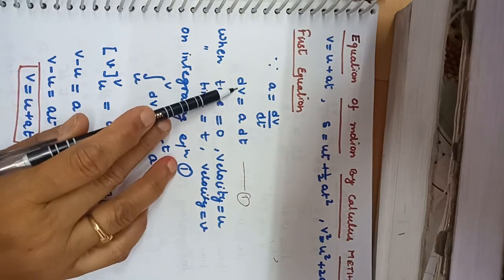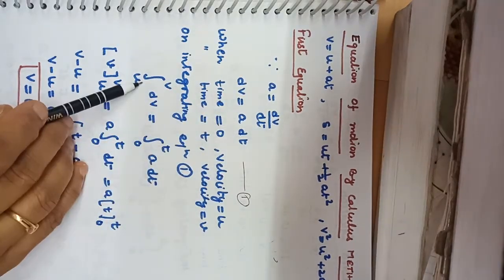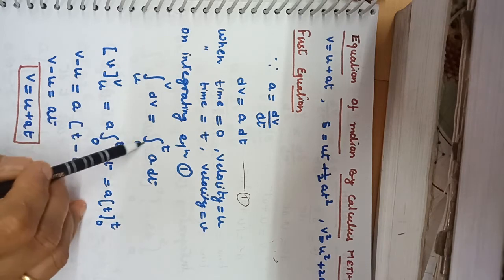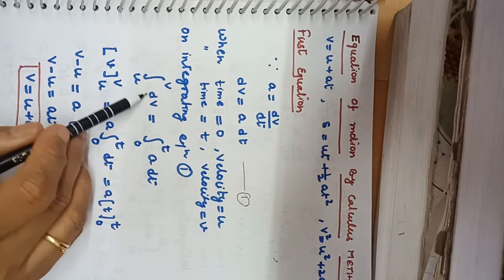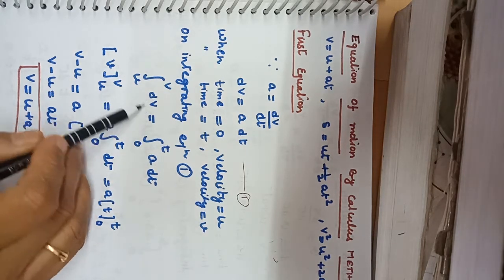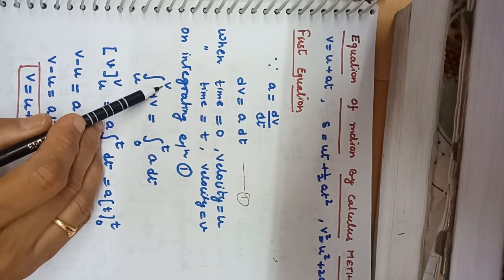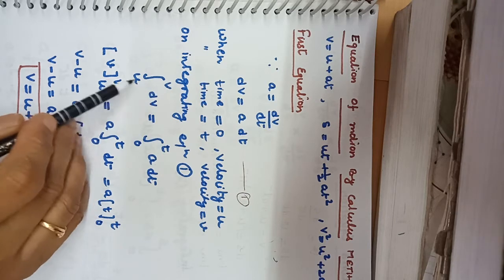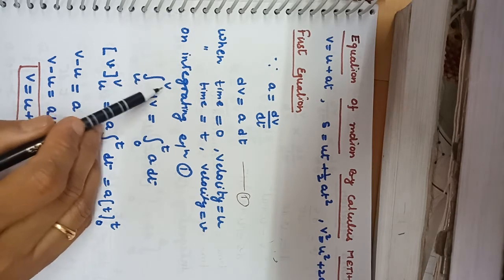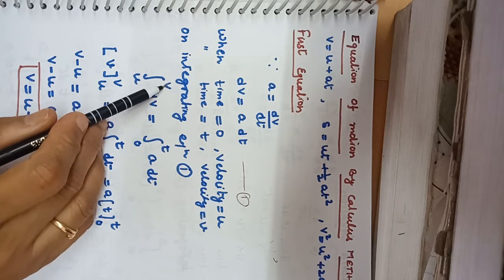On integrating both sides of equation number 1, integration of dv and integration of a dt, since you are integrating with respect to velocity, you have to take the lower limit and upper limit of velocity. This is the lower limit at t equal to 0, and this is the upper limit at t equal to t.